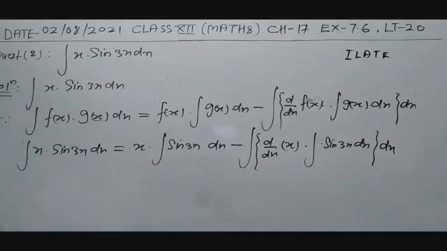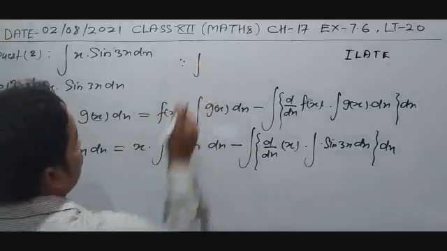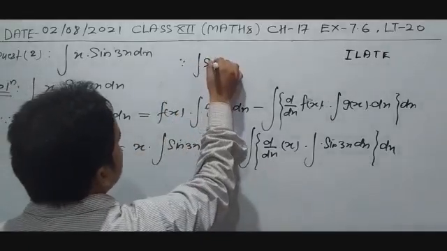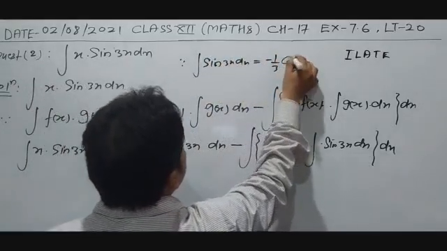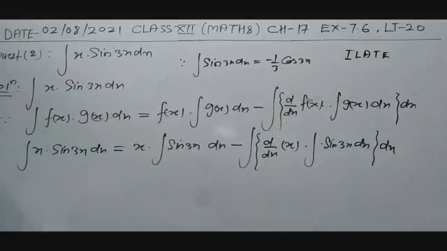When you integrate sin 3x dx, the result is minus 1 by 3 cos 3x.